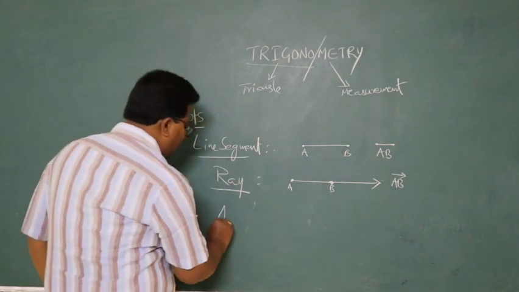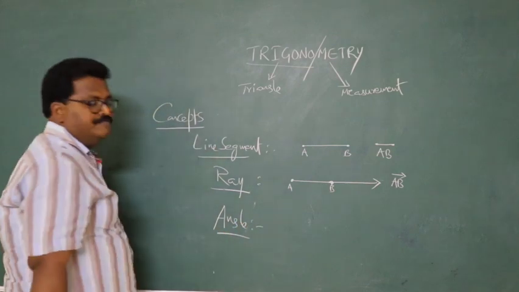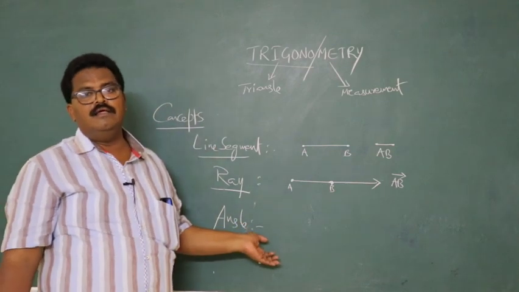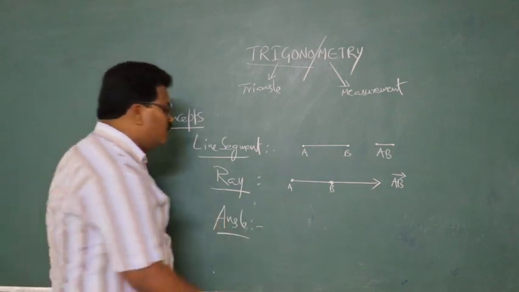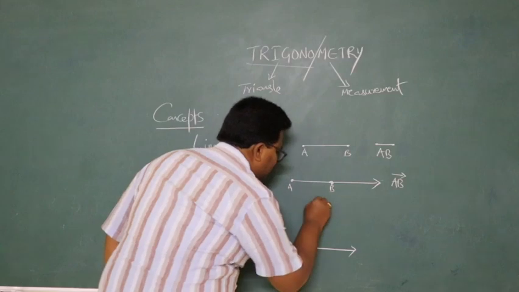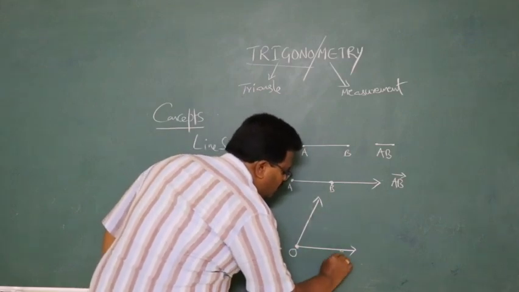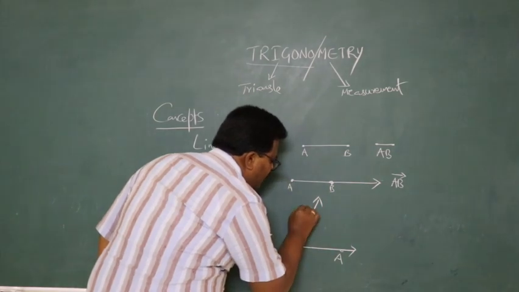Next, angle. What is meant by the angle? The union of the 2 rays having a common end point is called the angle.